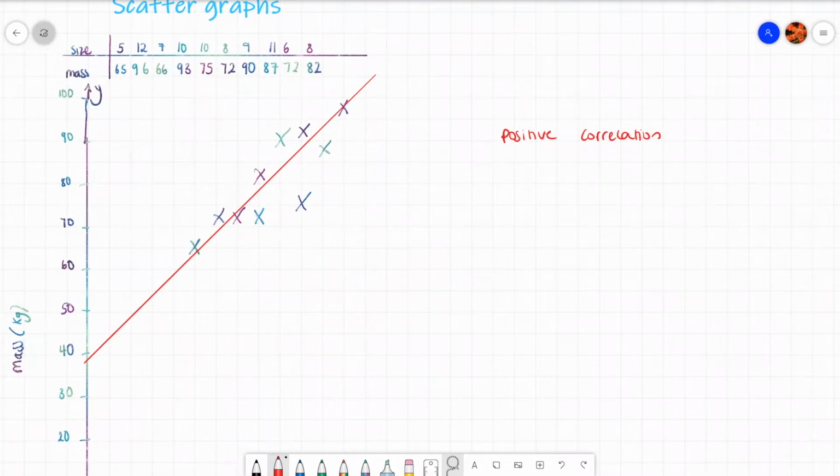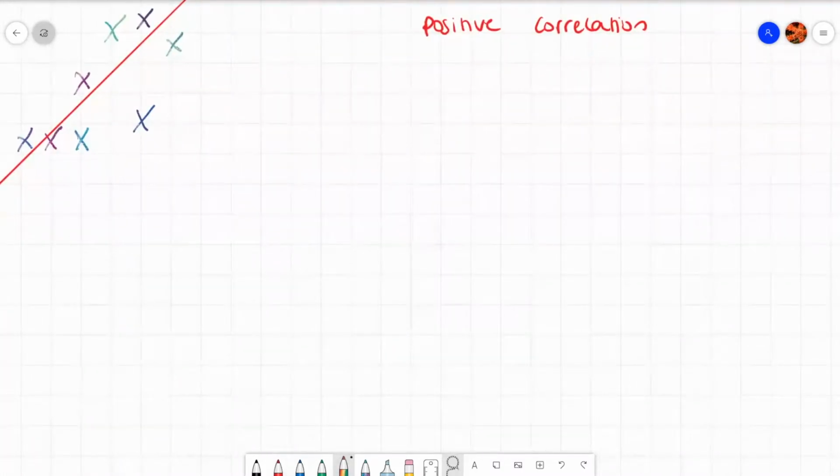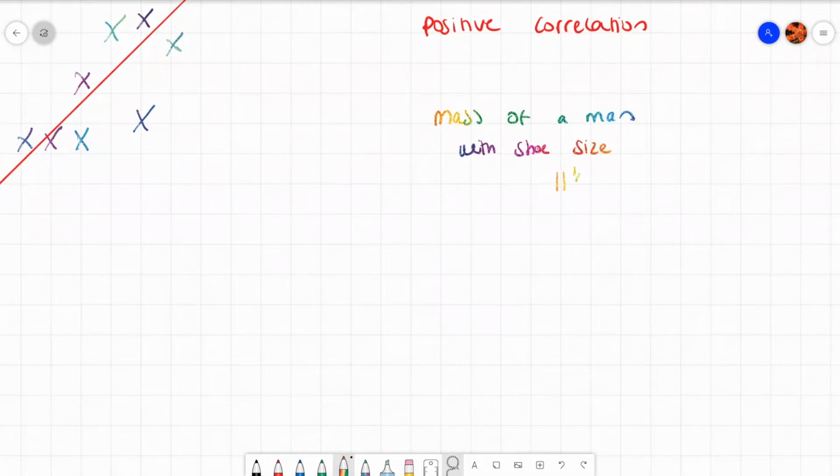So we've drawn that. Let's find here now, if I write the question out here. So we need to find the mass of a man with shoe size 11.5. That's your first question.